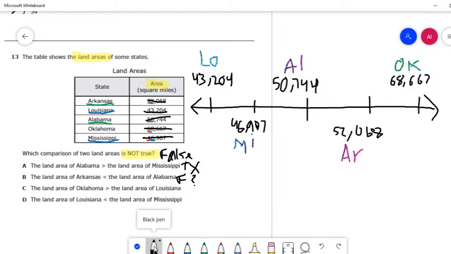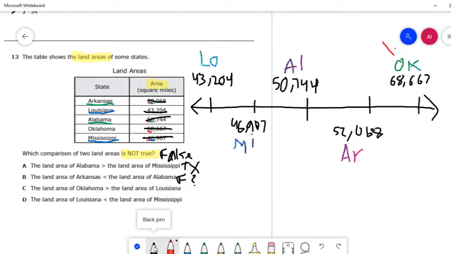Okay, so the land area of Oklahoma is larger than the land area of Louisiana. Again, remember those signs, I don't know if I mentioned it earlier, but the sign with the alligator mouth open to Oklahoma means Oklahoma is larger. So let's look at the numbers here.